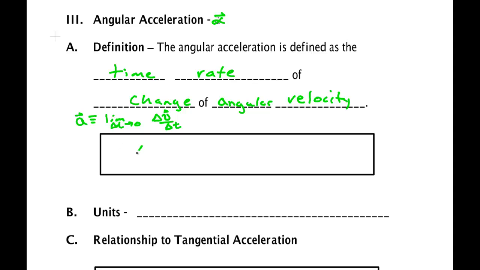In this case, angular acceleration, which is given the symbol alpha, the Greek letter that's the A in the Greek alphabet, notice it's small case like our other a was, is the limit as delta t goes to 0 of the change in angular velocity over the change in time.